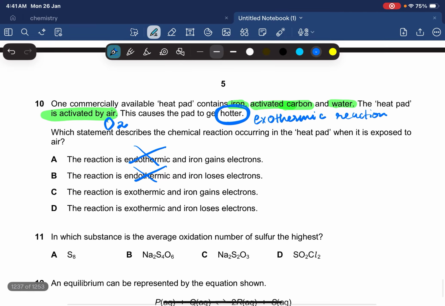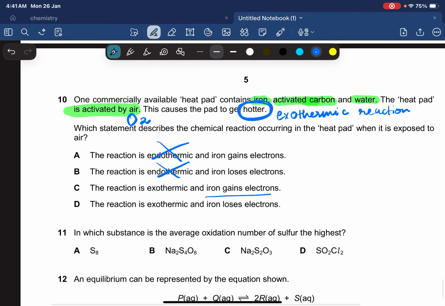The reaction is exothermic and iron gains electrons. The reaction is exothermic and iron loses electrons. Now, does iron gain electrons or lose electrons? We have to realize it. Can iron gain electrons? What do you guys think? Iron is a metal.